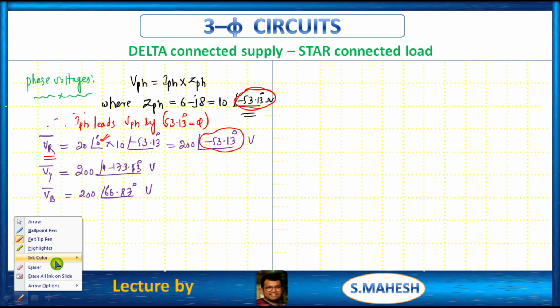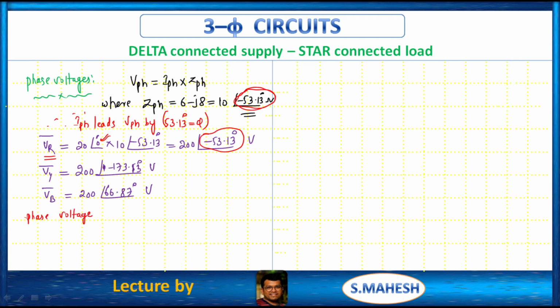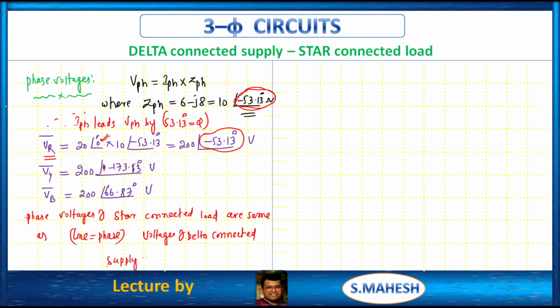We all know that the phase voltages of star connected load are same as the line voltage, which is equal to the phase voltage of the delta connected supply system.